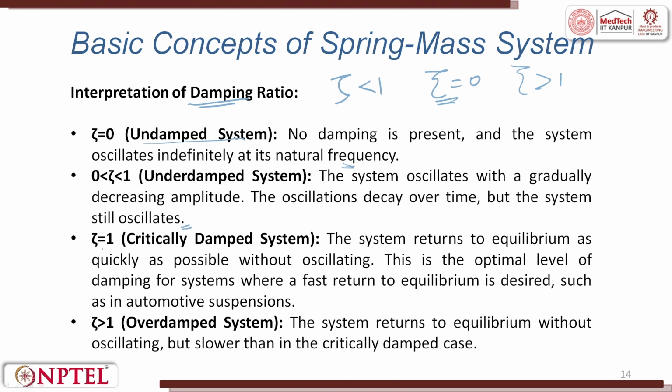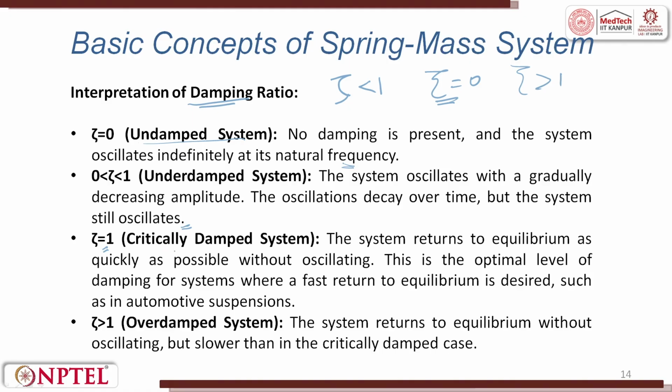When you say zeta equal to 1, it is a critically damped system. The system returns to equilibrium as quickly as possible without oscillating. For example, you need to have this in cars. When you hit a pothole, if there is an oscillation happening, it has to be arrested very fast. Maybe in one oscillation or in the second oscillation it should die.